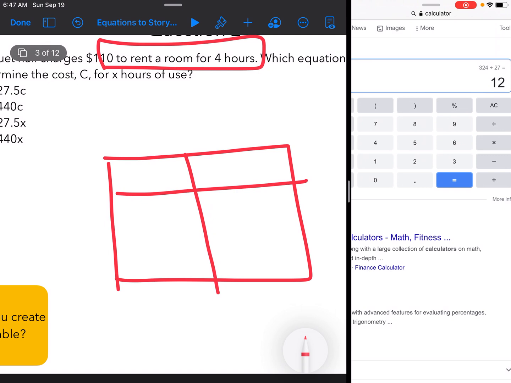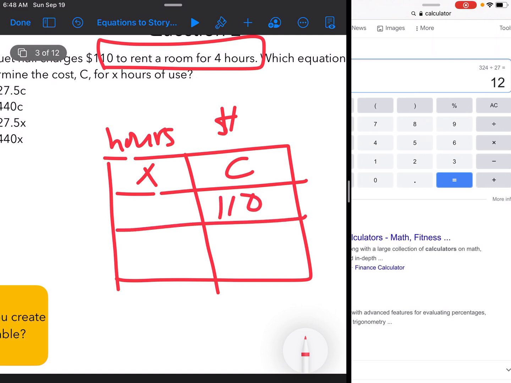I know that the hours is X, so I'm going to put in X here. And up here I'm going to write hours, so I know what I'm doing. And then the cost is C, and I'm going to put the dollar sign up there. So I know that it was $110 for 4 hours. I need to figure out what it is for 1 hour.